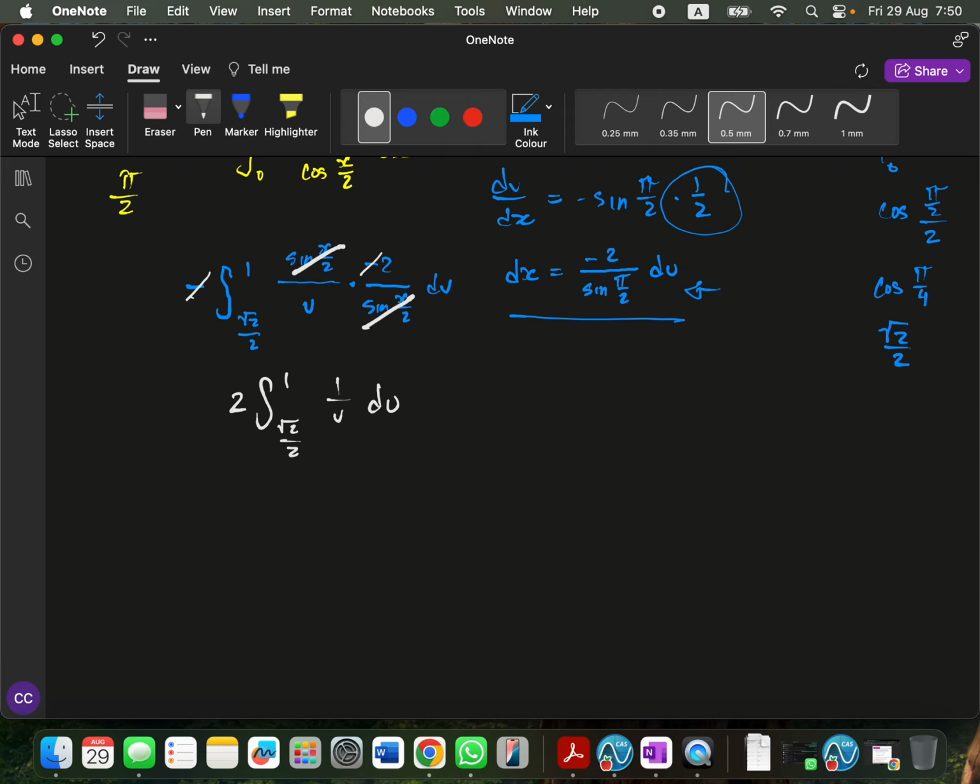And now I just have to find that integral. So that integral is going to be 2 ln of u plus c, again evaluating from root 2 over 2 to 1.